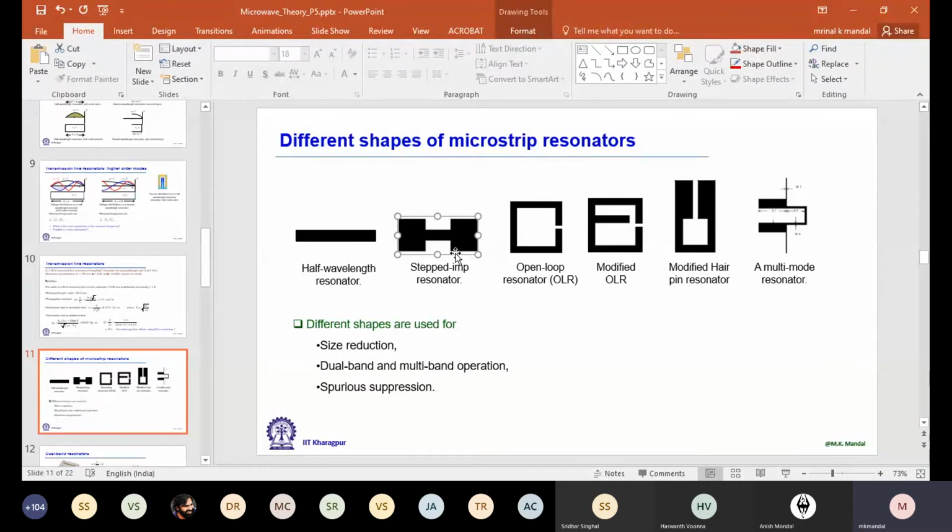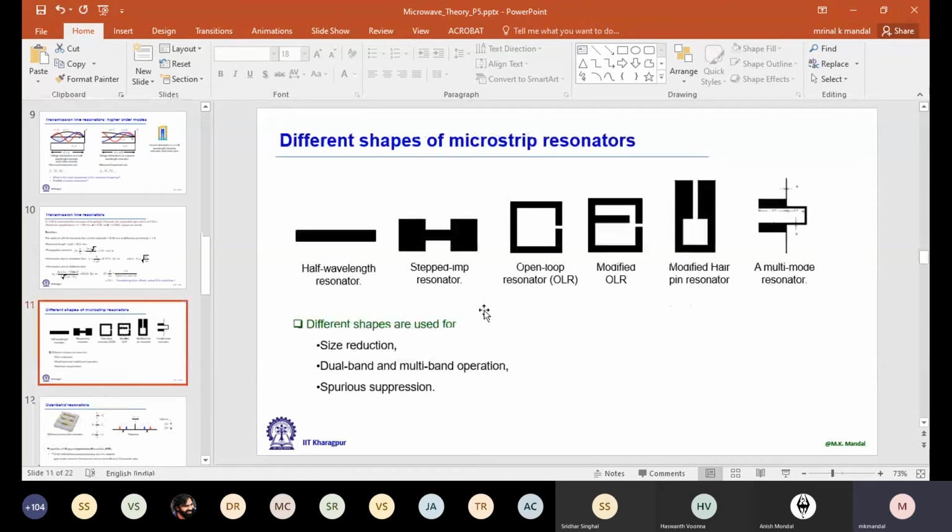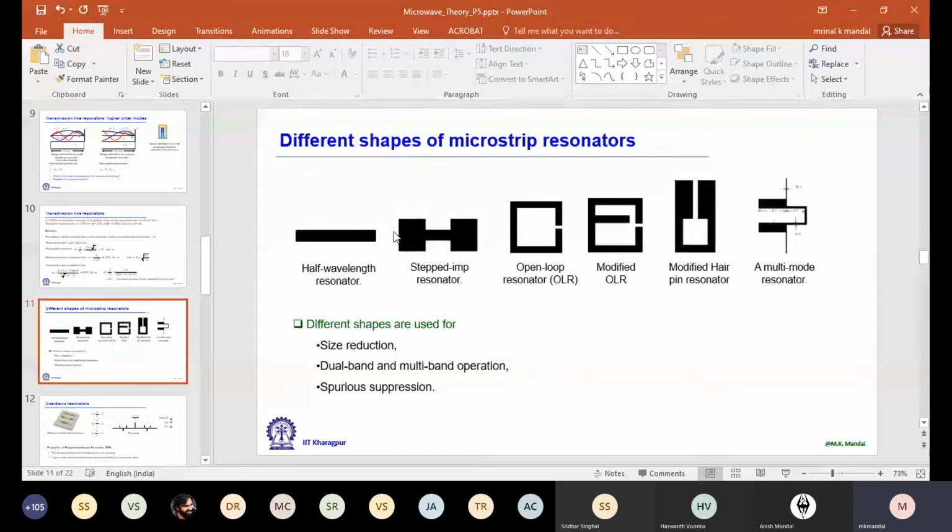It will be something else. So how to calculate that new one? We use the same condition here which we discussed. Since it's open circuit, leftmost and rightmost, we have to find what is Y in from that Z in formula, and we can equate it to 0 and express f in terms of the other parameters.